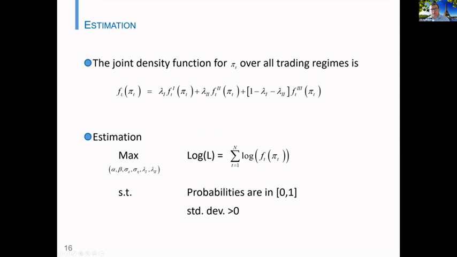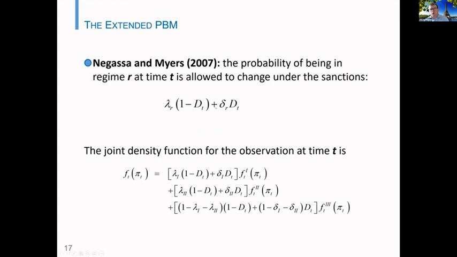Simply mention the fact that we are assuming that the probabilities have remained constant across the whole observation period, and then we're going to test a situation where the probabilities to observe various regimes have shifted following the sanctions and other sanctions. So we allow for a shift in probabilities when the sanctions are imposed by using a dummy variable, so that when the sanctions are imposed, we have possibly different probabilities.